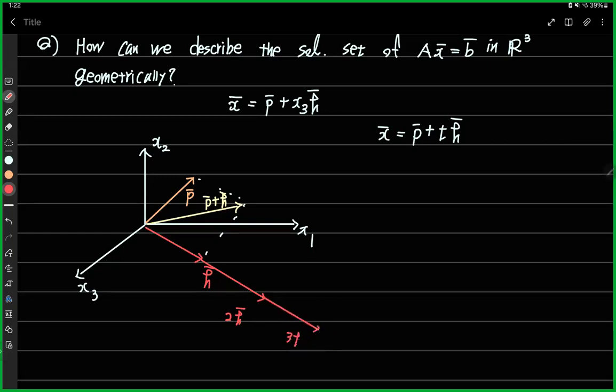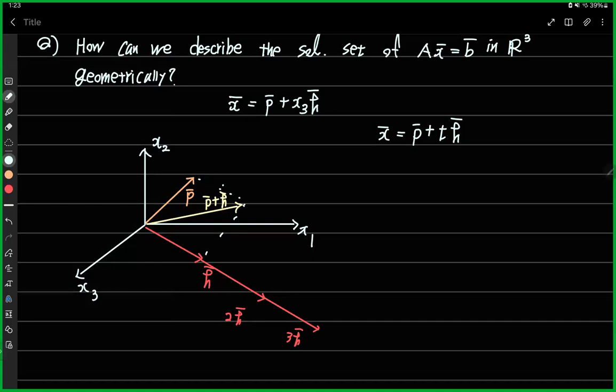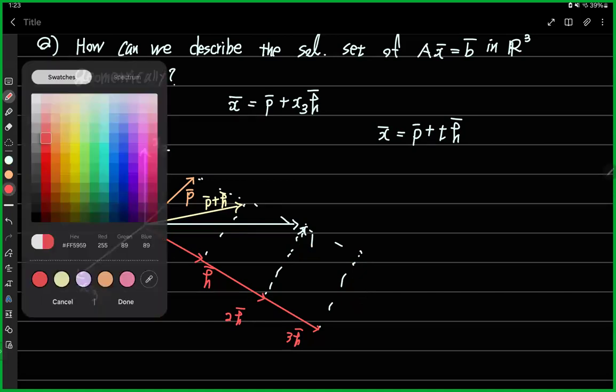Then we do p plus h, p plus 2h, p plus 3h, and just keep doing that. Okay, p and p plus h. This is right. I was confused.